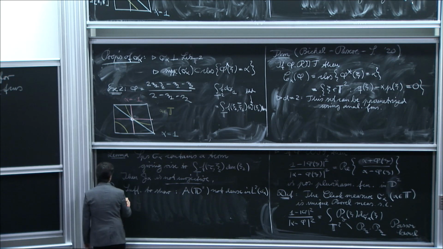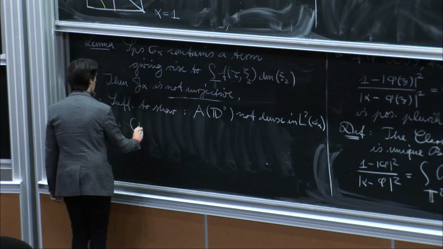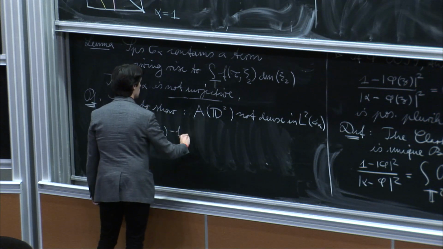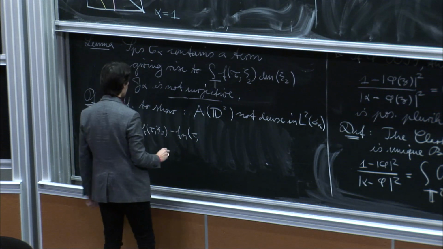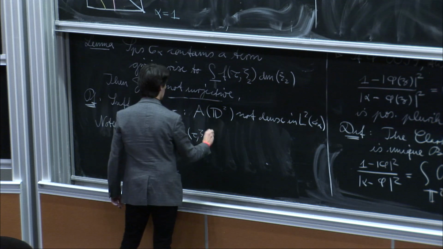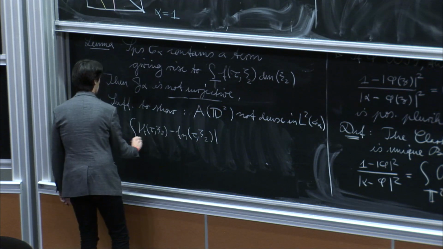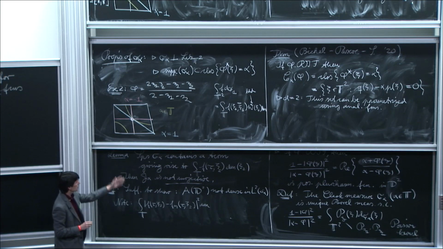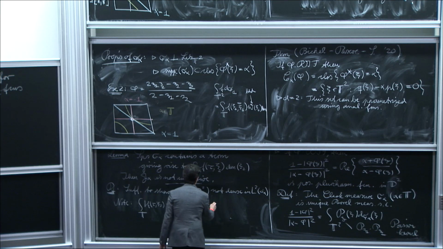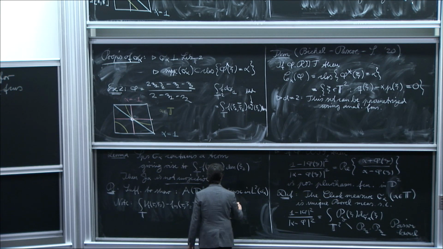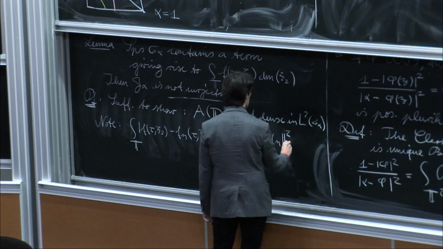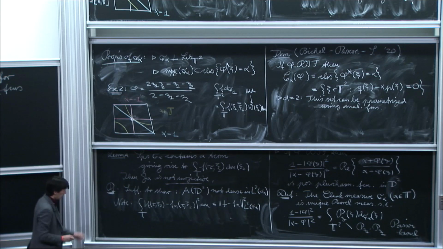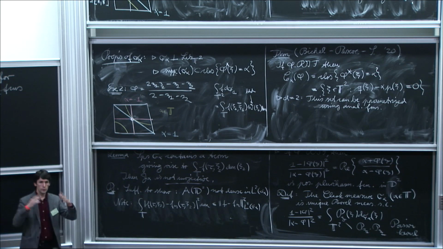And so the argument here is just that because everything is positive, if you look at the integral of f in this L2 space, this is going to be dominated by the full L2 norm with respect to the full measure.